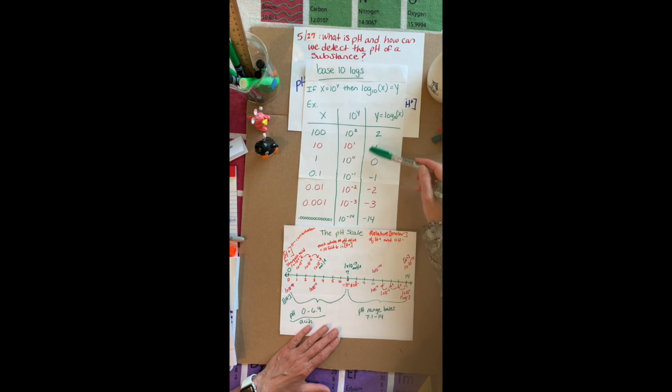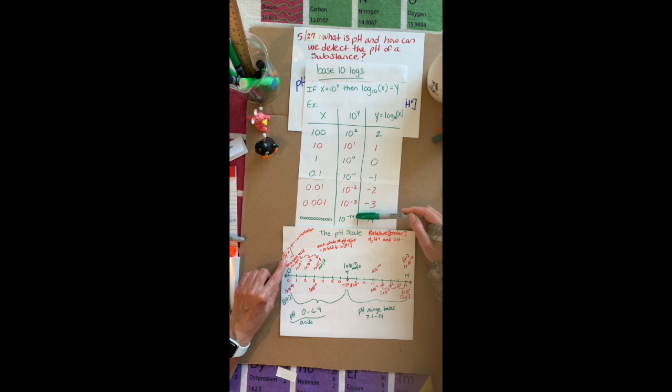So these are all representative of hydrogen ion concentrations, because we're looking at pH here, the power of hydrogen. The strongest base with the least amount of hydrogen ions has 10 to the negative 14.